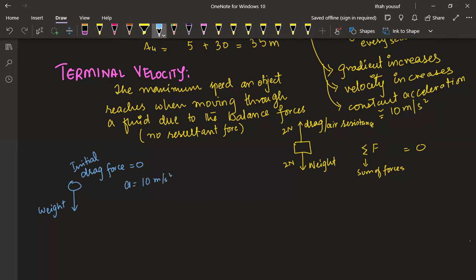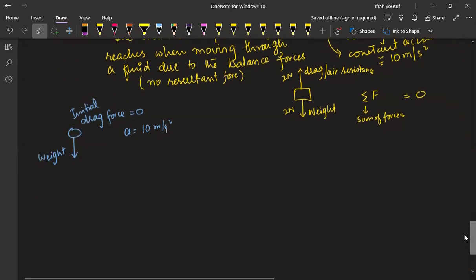right? Okay. So what happens as the speed of the body increases? I told you in the last class that as the speed of the body increases, the air resistance starts increasing, with more force, or the drag is going to be more. Okay. Are you getting my point? Are you able to recall that point or not? Yeah. So after some time, the drag is going to be increased.